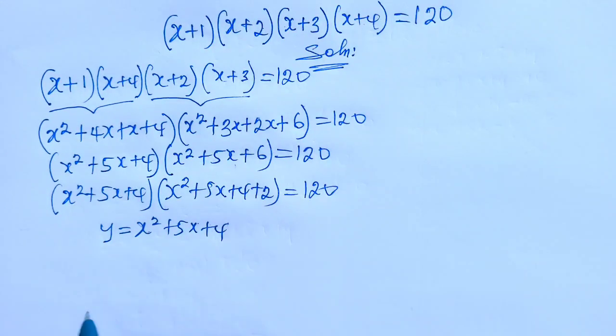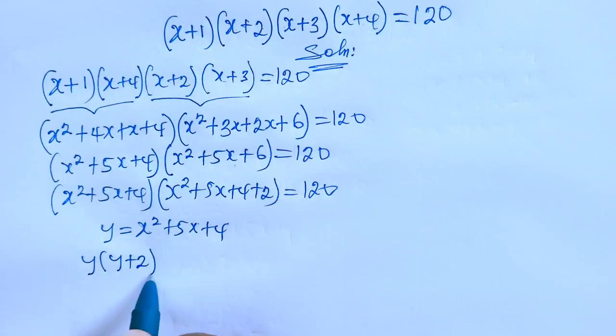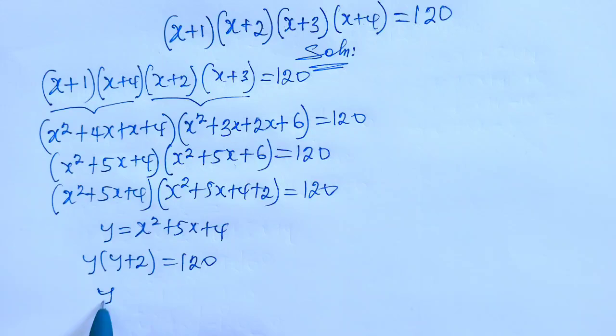Then this equation becomes y(y + 2) = 120. Expanding the left hand side, y times y gives y squared, y times 2 gives plus 2y, equals 120.